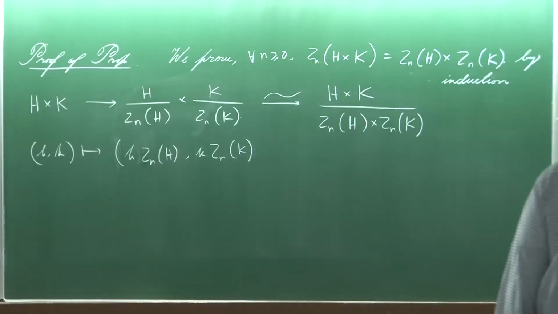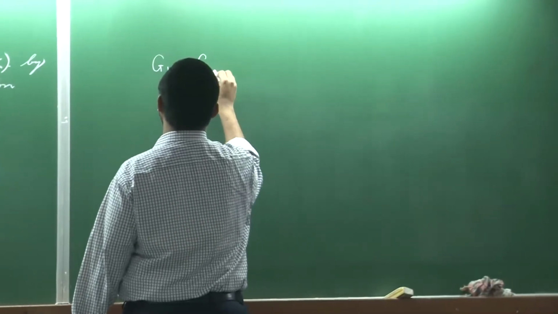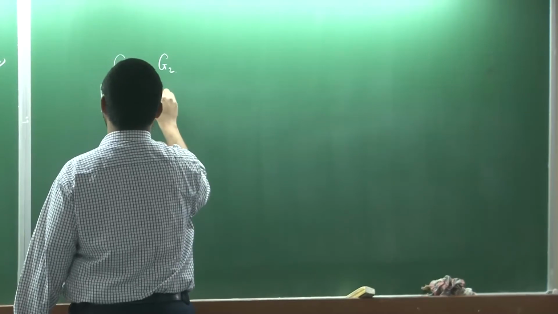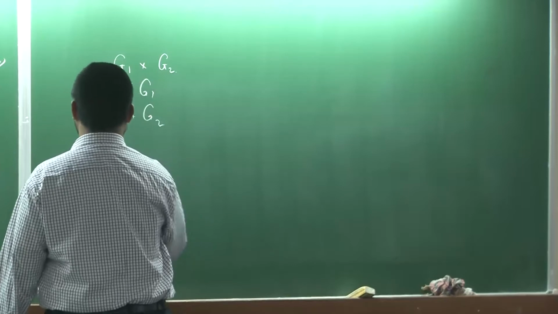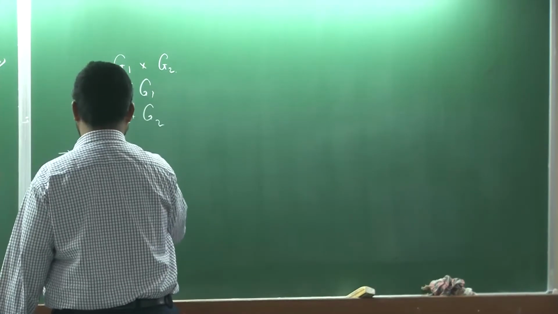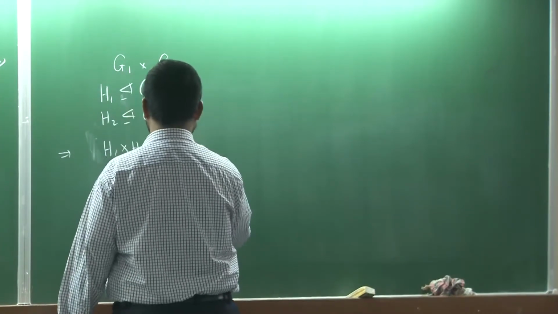Let me recall that here. Suppose we are given two groups G1 and G2, and H1 is a normal subgroup of G1 and H2 is a normal subgroup of G2. Then it is easy to see that H1 cross H2 is a normal subgroup of G1 cross G2.